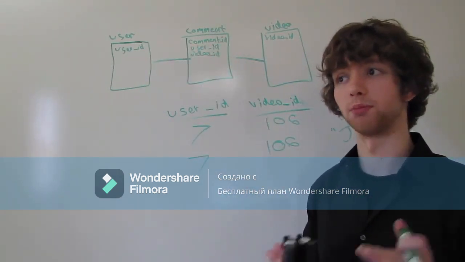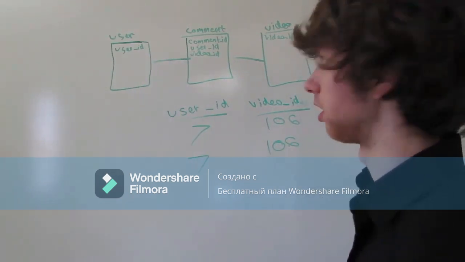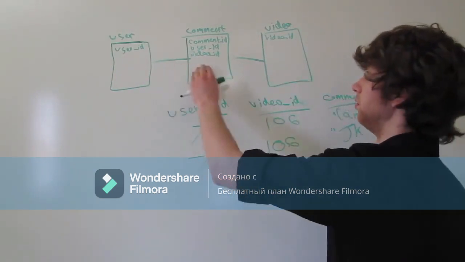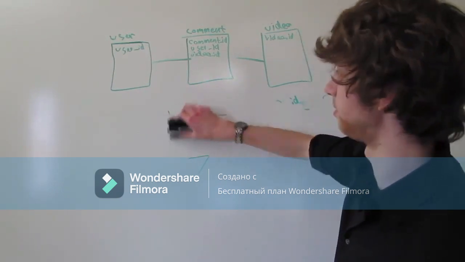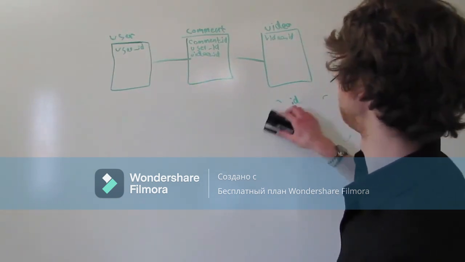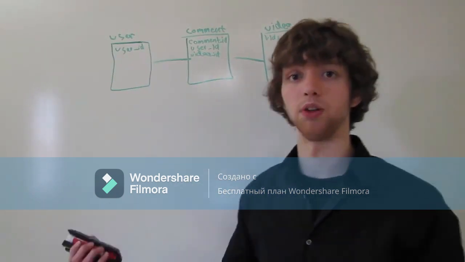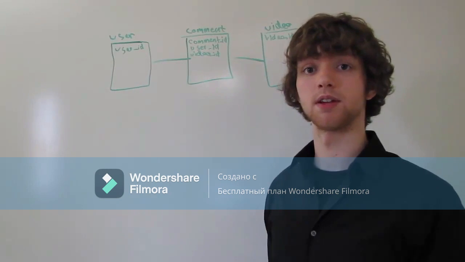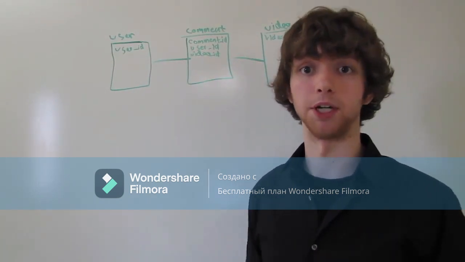Unless you're working on some kind of thing where you can only leave one review on a product, say instead of just user review product or user review whatever. In that case, you could use user ID combined with the product ID or the video ID to allow that. But I'm going to use the comment ID in this, and this is going to be a surrogate ID that's going to be used as the primary key.